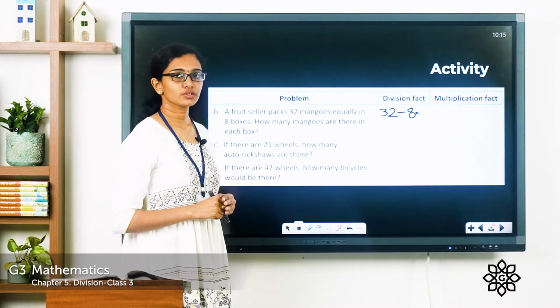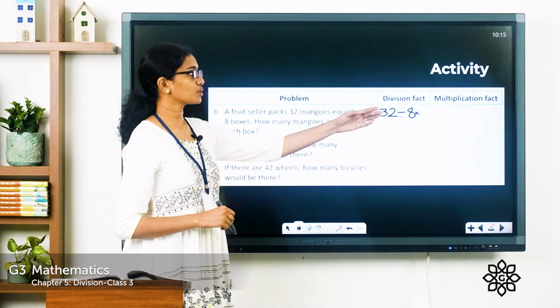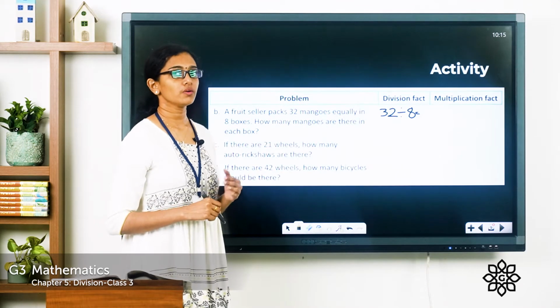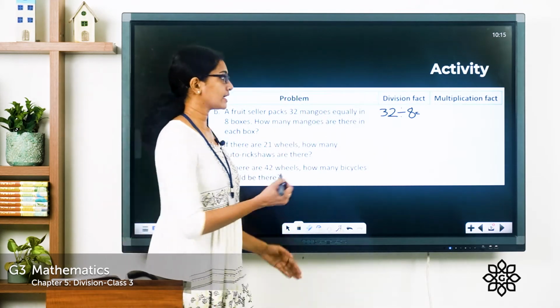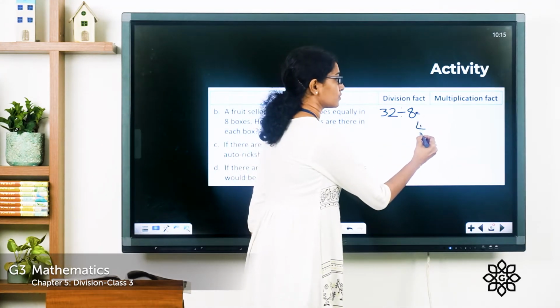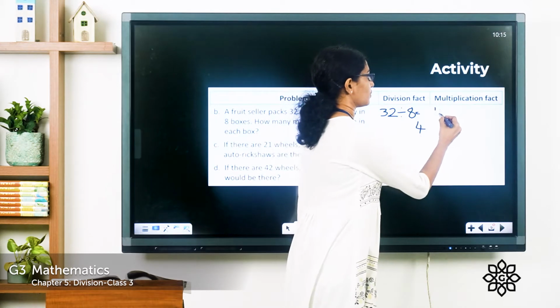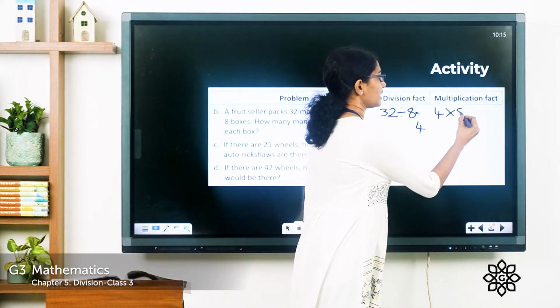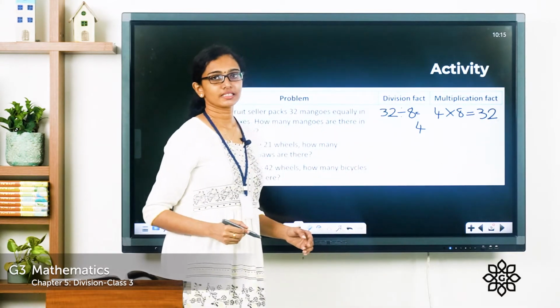So the answer to the question will be the quotient of this division. So what is 32 divided by 8? We know 8 4s are 32. So 32 divided by 8 is equal to 4. And the corresponding multiplication fact is 4 into 8 is equal to 32. Hope you did this correctly.